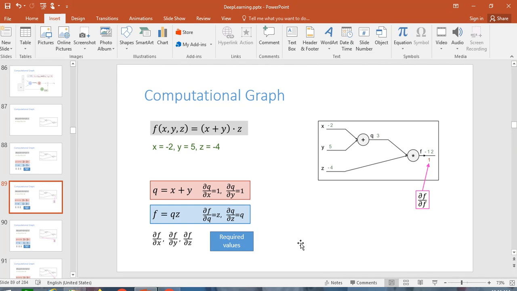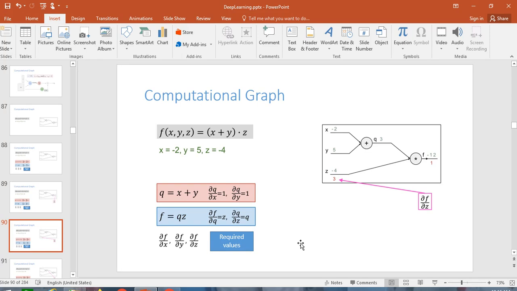Now I spread this one, which is the gradient of f with respect to itself, backwards. We must return to the reverse of the topological order. We call dz/dy and dz/dx local gradients because they only depend on this vertex and they have nothing to do with the rest of the graph.